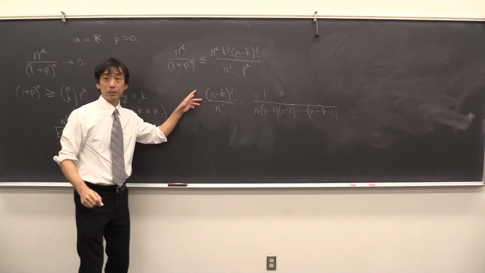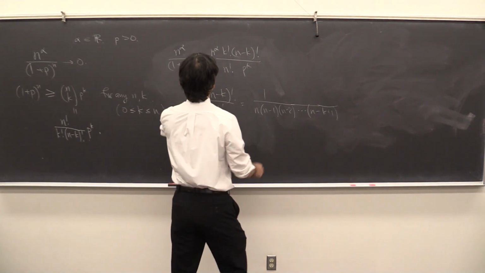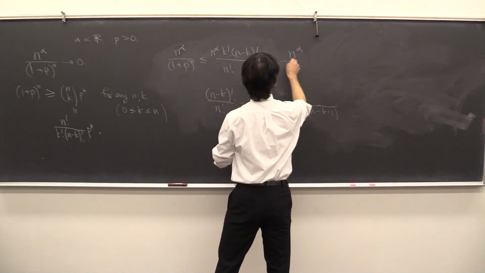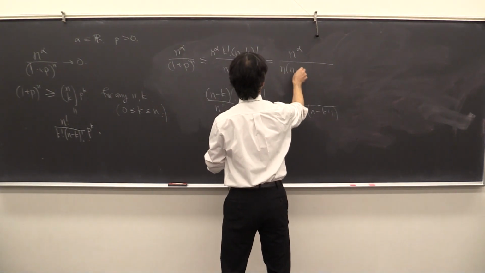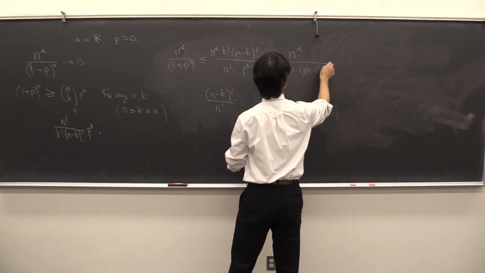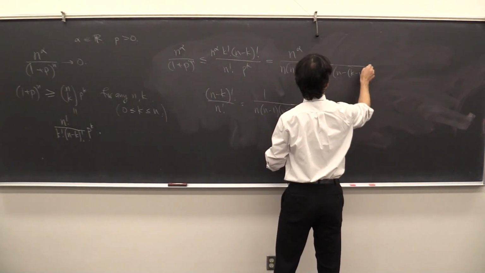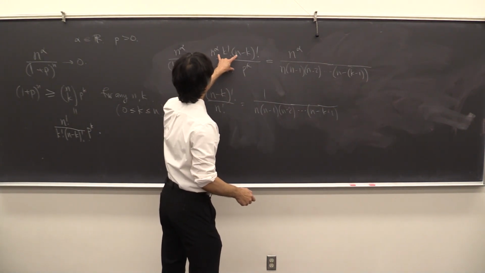So we rewrite this thing here as n to the alpha over n times n minus 1, n minus 2, up to n minus k plus 1.